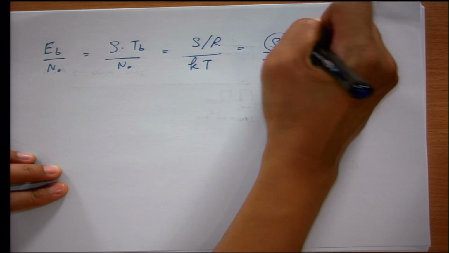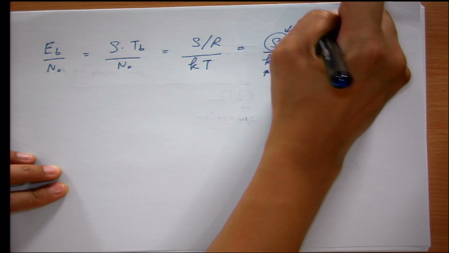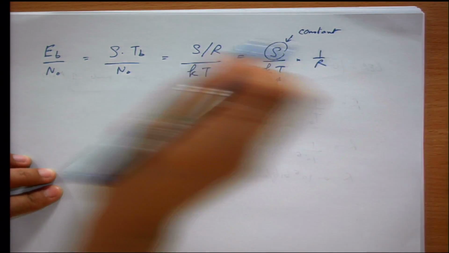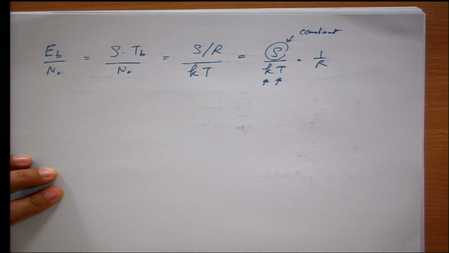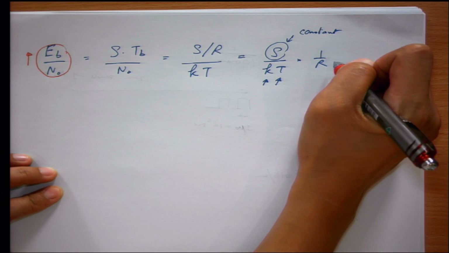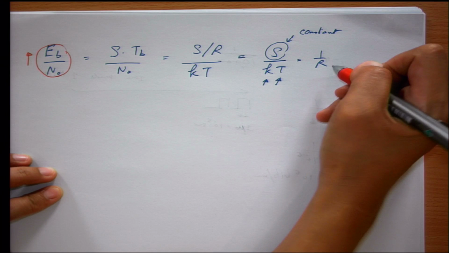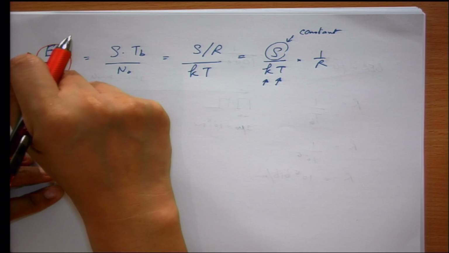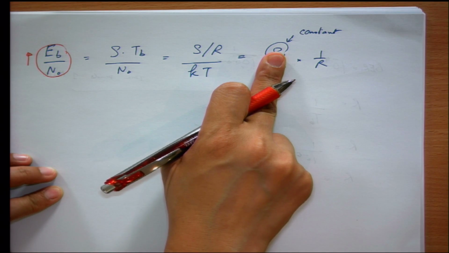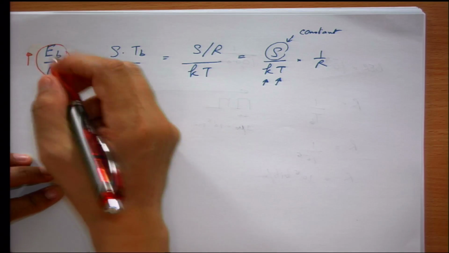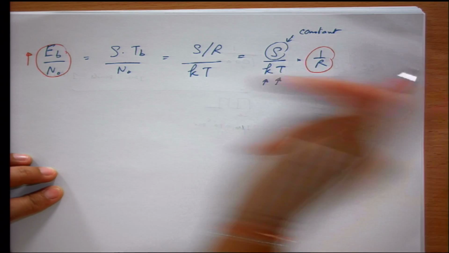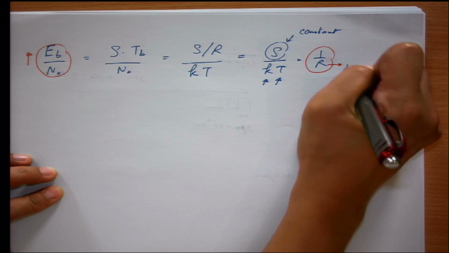And if you fix the signal power, this will also be constant. So Eb over N0 is the inverse of R, of 1 over R. If this goes up, R goes down, right?